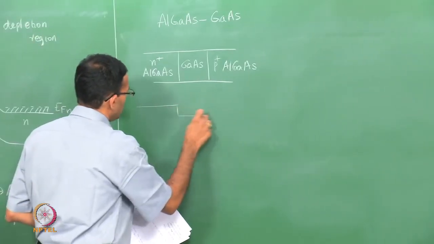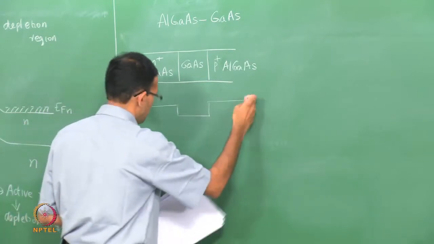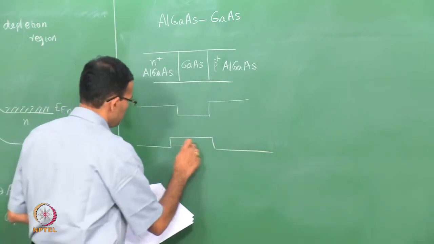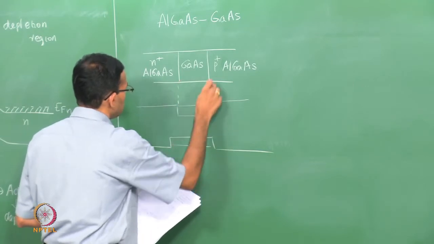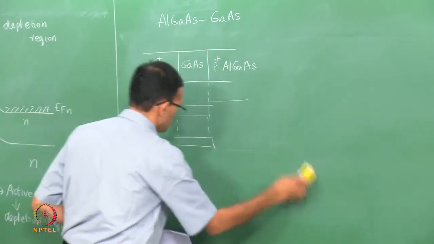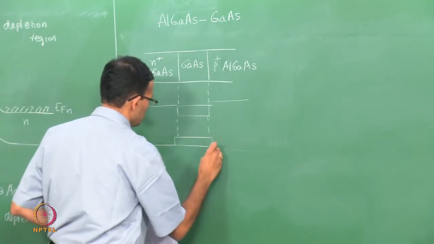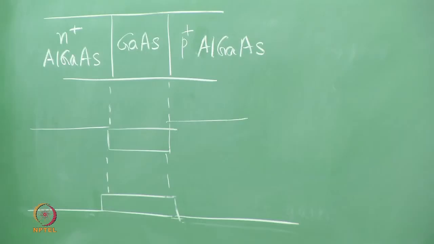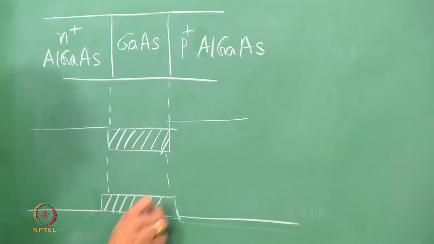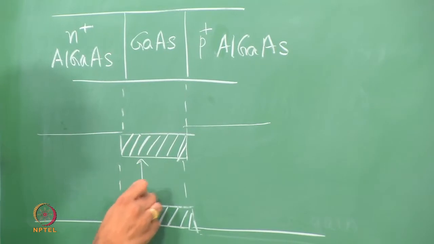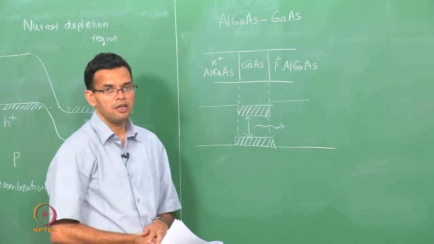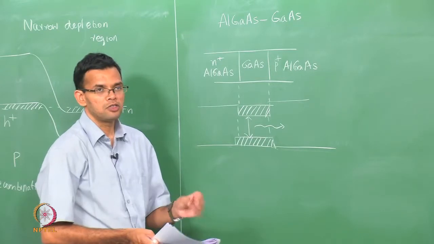So, if I were to draw a very basic band picture, let me just draw the extra lines, so that this central region is your active region. You have electrons and holes, and these can recombine to give you light. So, this kind of a structure can then be incorporated with mirrors in order to produce the lasing action.